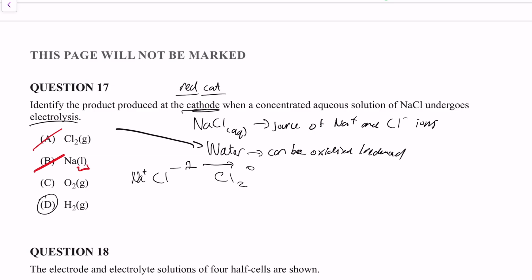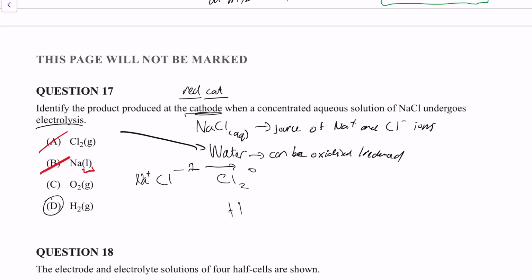And Option C, oxygen is actually formed at the anode, okay? From oxidation, of course, because if we have H2O, then what's the oxidation number for oxygen? It's -2, okay? And then each H or hydrogen will have a +1 oxidation number, so times that by 2 and cancel out to 0 for the overall.